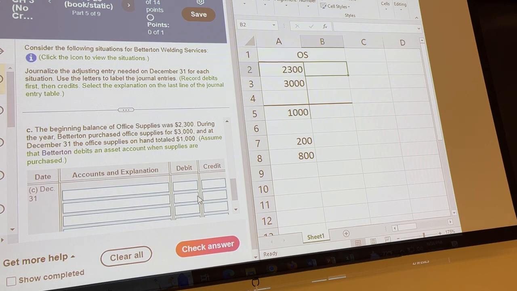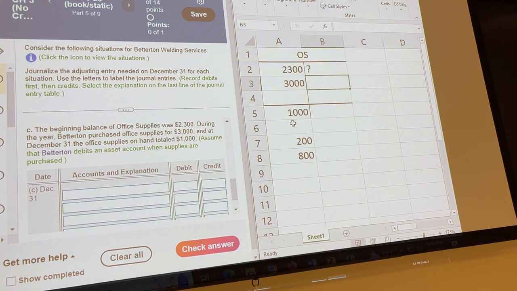So that means the ending balance in office supplies is a debit balance of $1,000. So we have to figure out how much they've used in office supplies, which is going to be the amount that we credit to the office supplies account. So our combined debits here are 5,300.